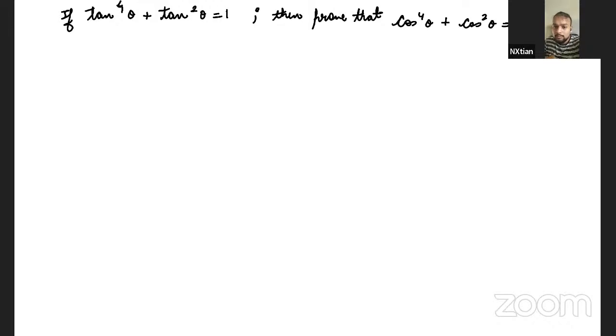We have to prove that cos 4 theta plus cos square theta is also 1.